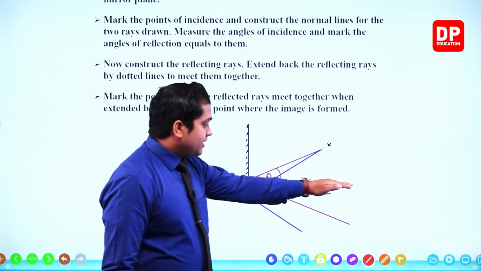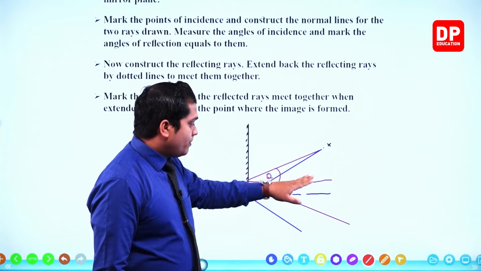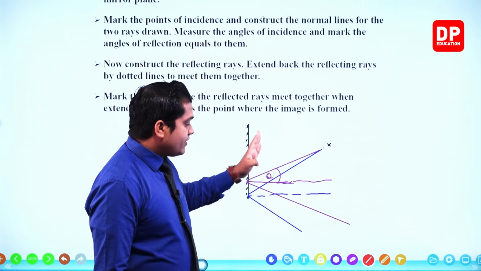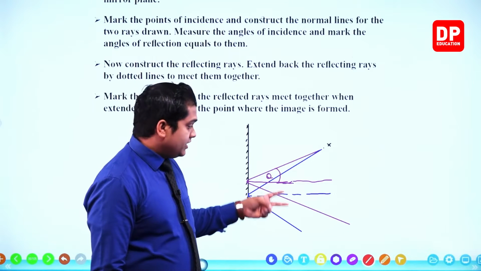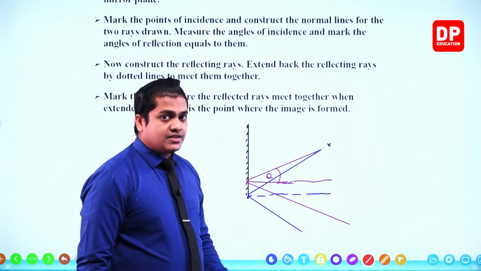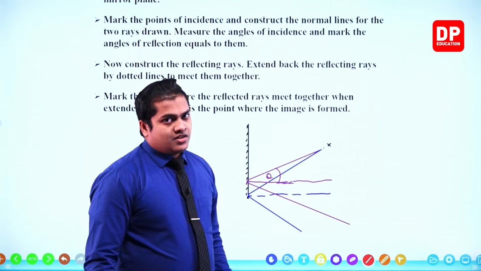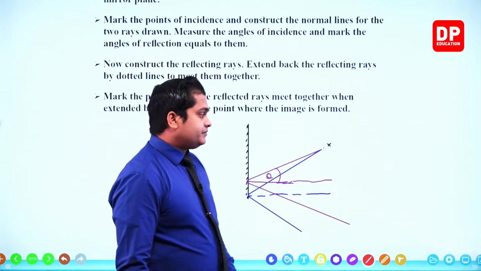And remember, the two angles on either side of the normal, between the reflected ray and the incident ray, should be equal to each other. In the next one also, you have to get the same thing. It's very simple. So this is how to draw the ray diagram.